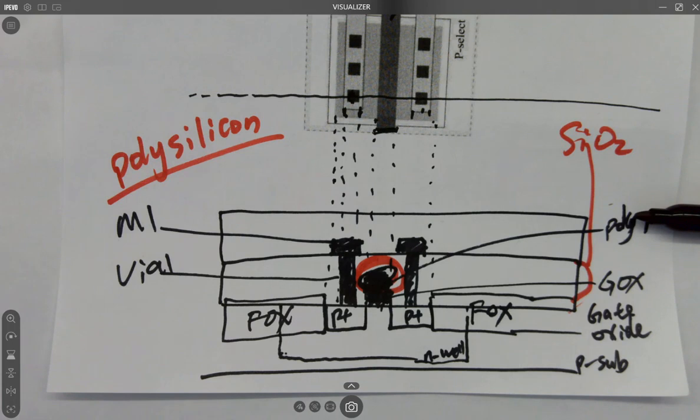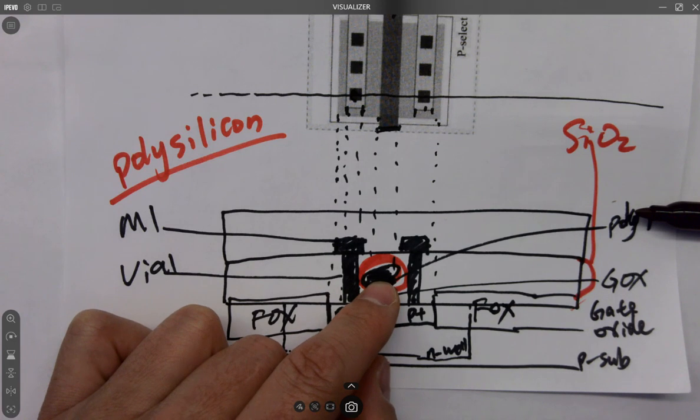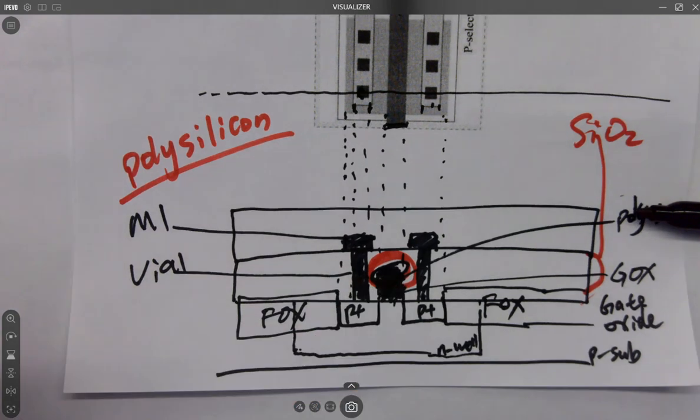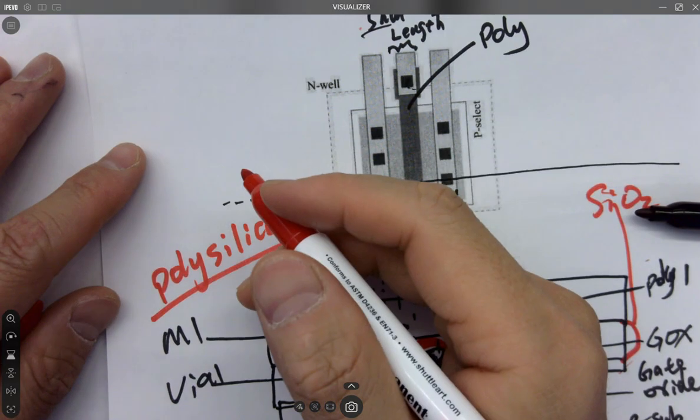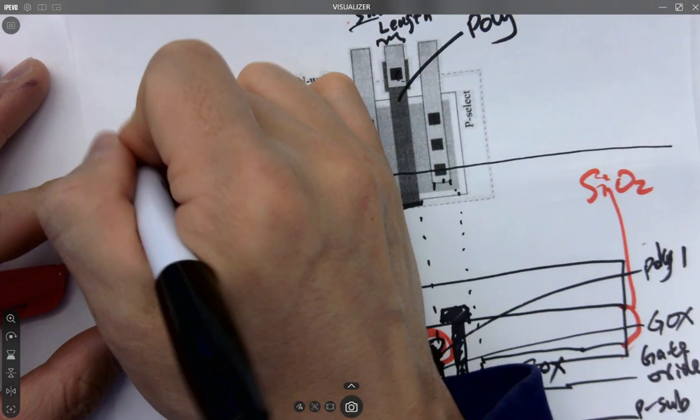So that's why last time we were talking about, hey, if you want to use the poly layer over here as traces for your circuits, what you want to do? You have to deposit another metal layer on the top. It's called silicide, right? Last time what I said, it's like this.